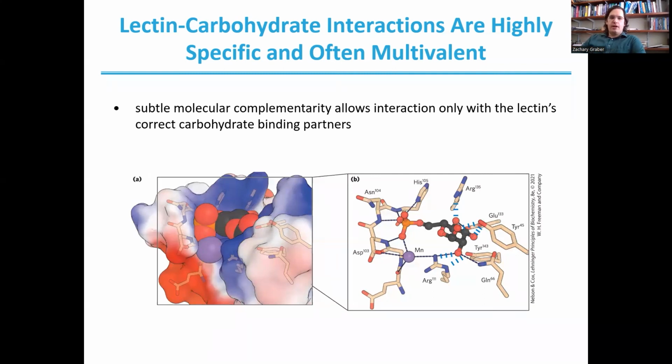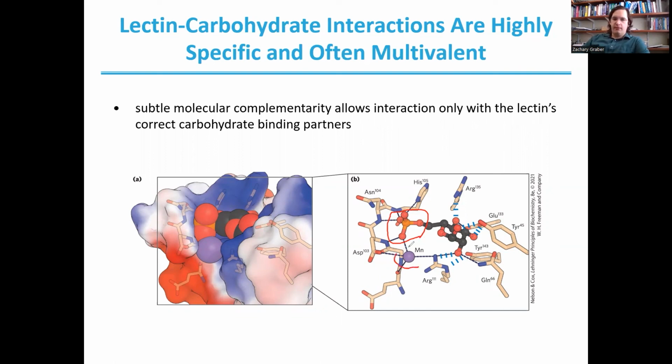Within our sugar, we'll generally have many different sites where we can interact, right? We'll often have those sulfate groups or other charged groups from our oxidized sugars that can bind to positively charged groups within our protein.